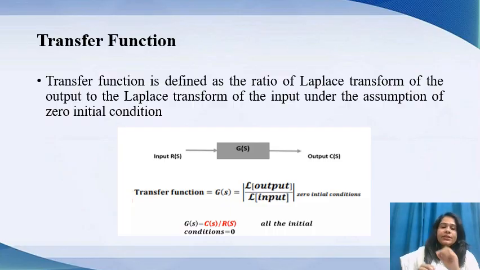And it is mathematically defined for any linear time invariant system. Transfer function is defined as the ratio of the Laplace transform of the output to Laplace transform of the input if all the initial conditions are assumed to be 0. This is the transfer function of the system, with input and output, under the zero initial condition.